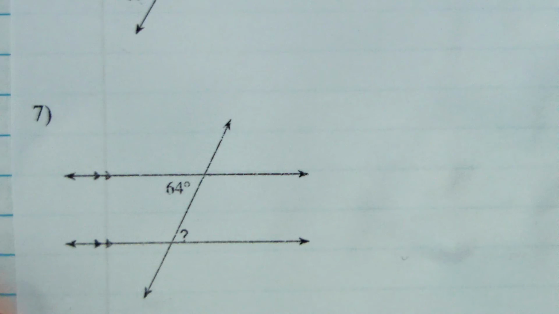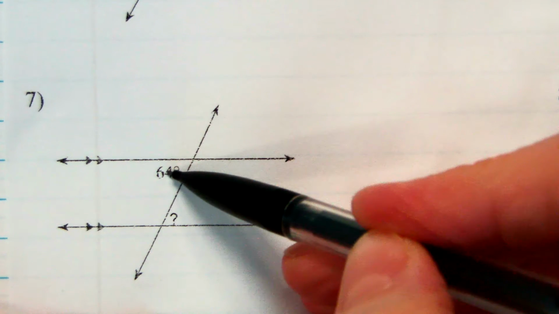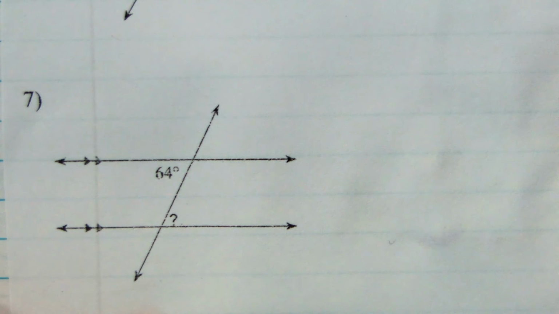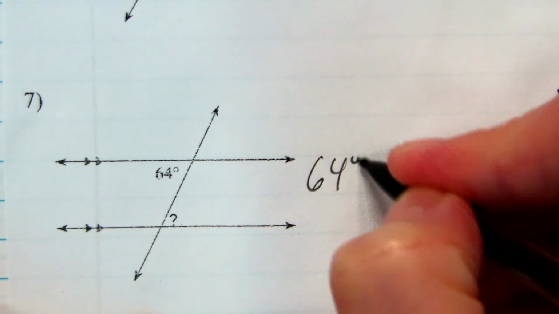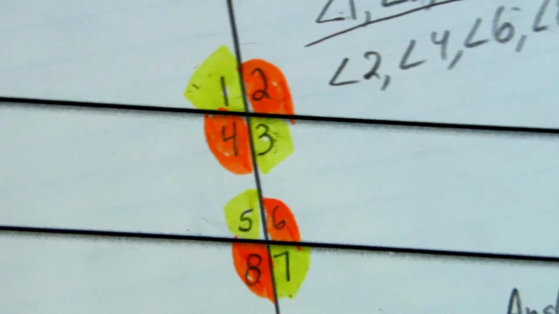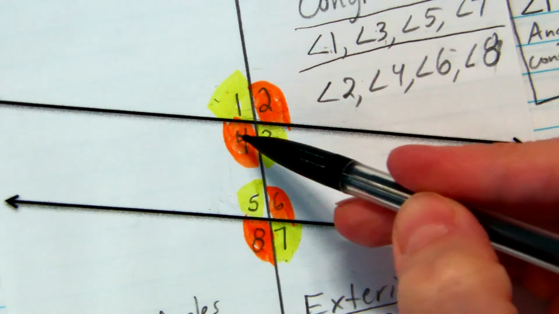Okay, what about number 7? Here's 64 degrees, there's our question mark. What do you think? Those are going to be the same, 64 degrees. And if you have to, go back and look at our picture that we had over here. On the inside, they're sort of crisscrossed.